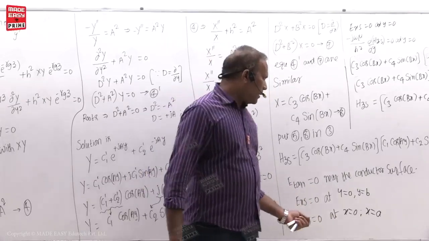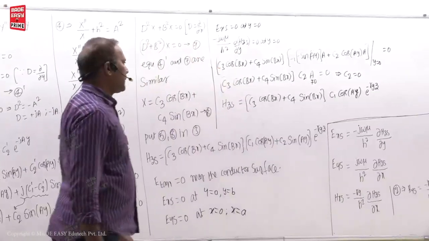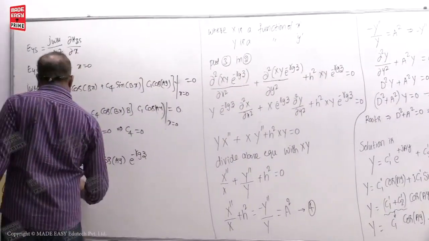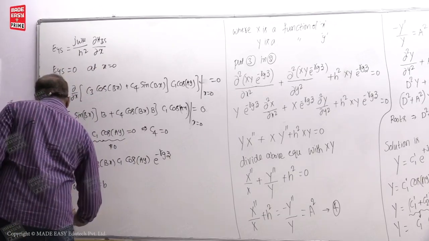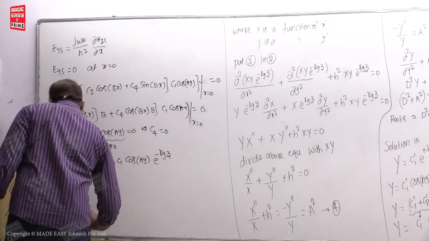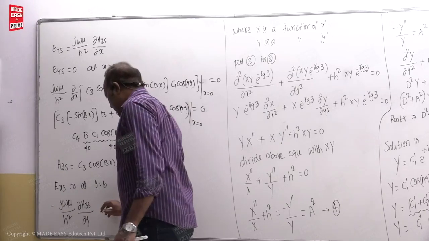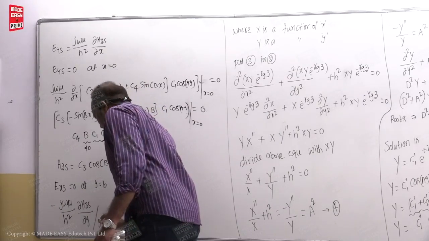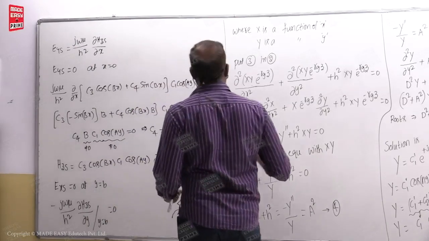Here the electric field x component is this one: minus j omega mu over h square, dou Hz by dou y, that is Exs at y is equal to b is equal to 0, right?